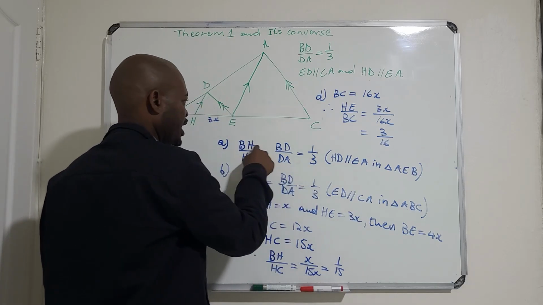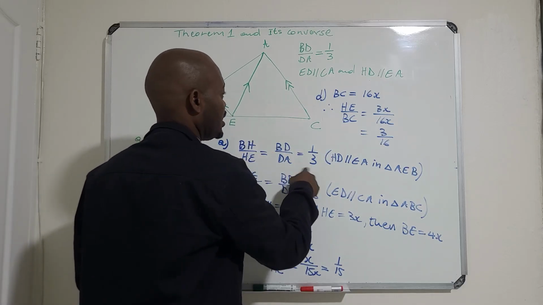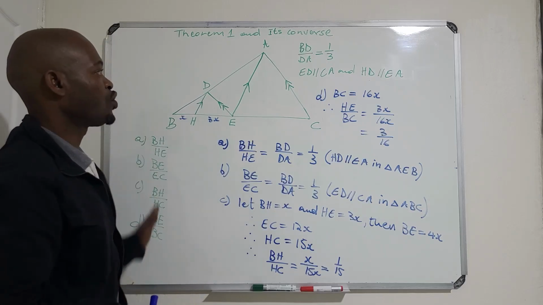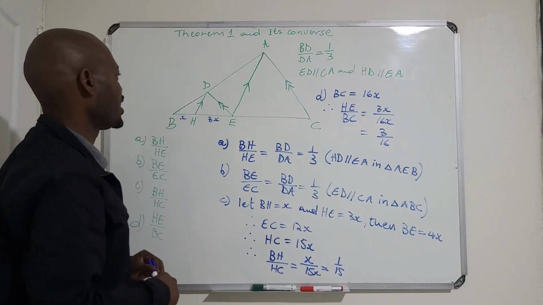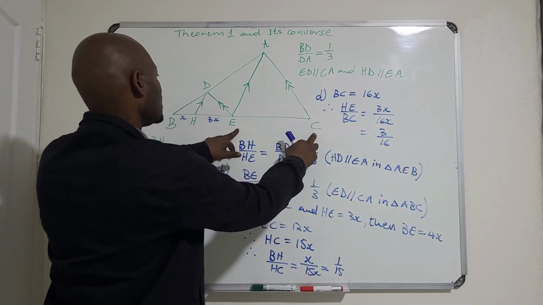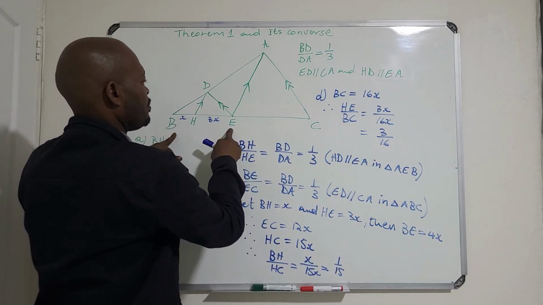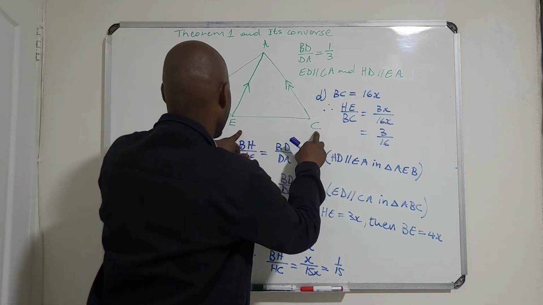Then we let BH be x, HE be 3x. Then we can get whatever ratio they are looking for in a problem, as we have done.